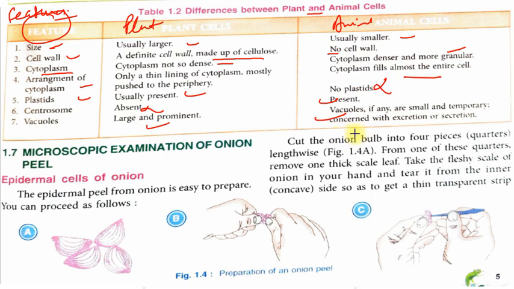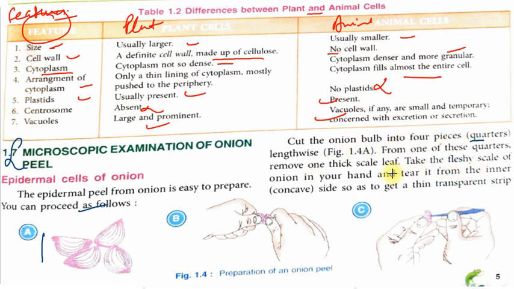So here, students, some practical work is also given, which is microscopic examination of onion peel. The epidermal cell peel from an onion is easy to prepare. You can proceed as follows. Take some slices of onion: cut the onion bulb into 4 pieces, or quarters, lengthwise.